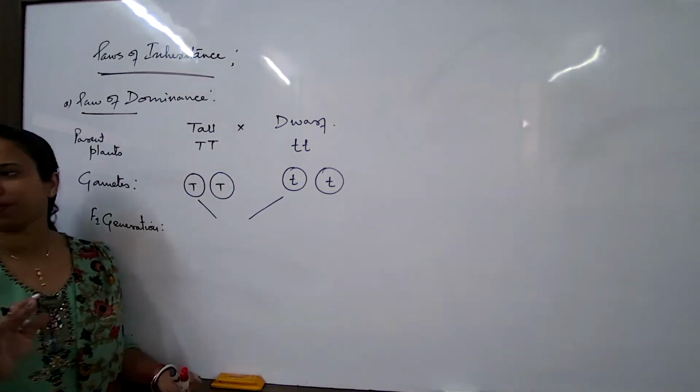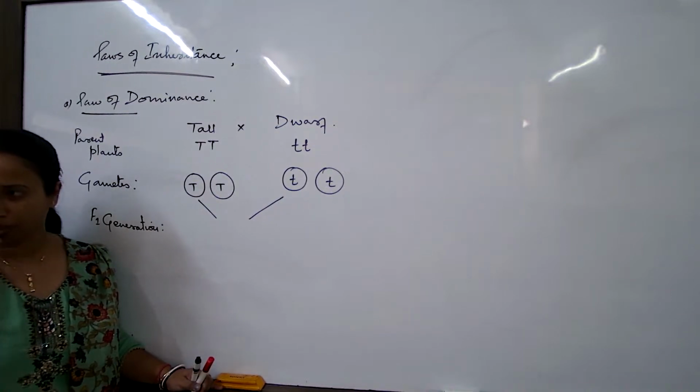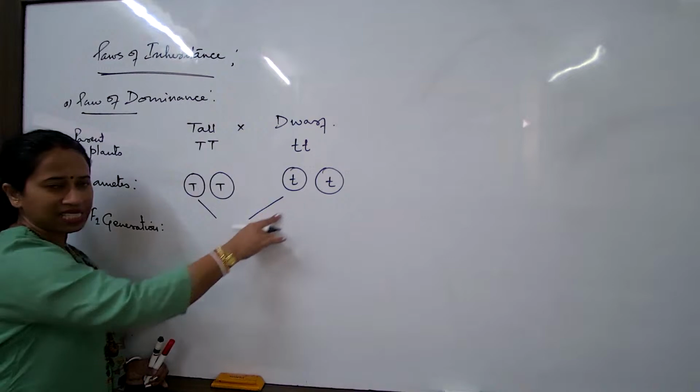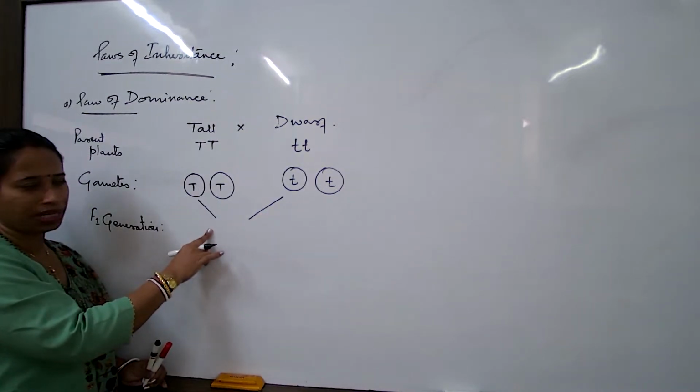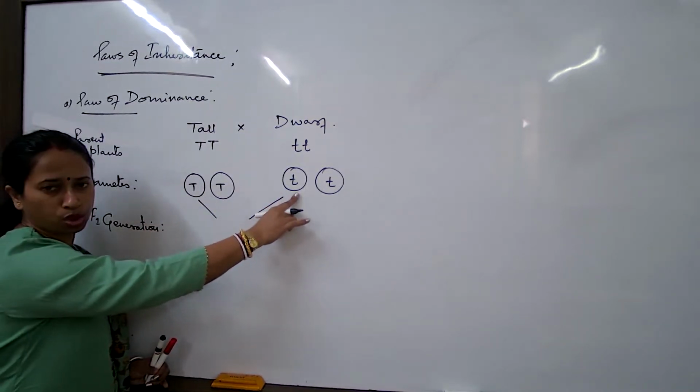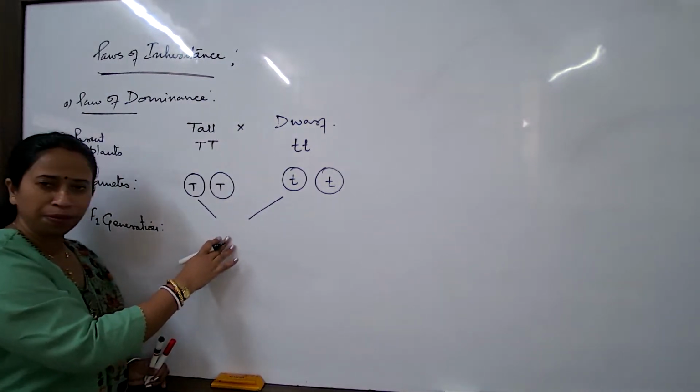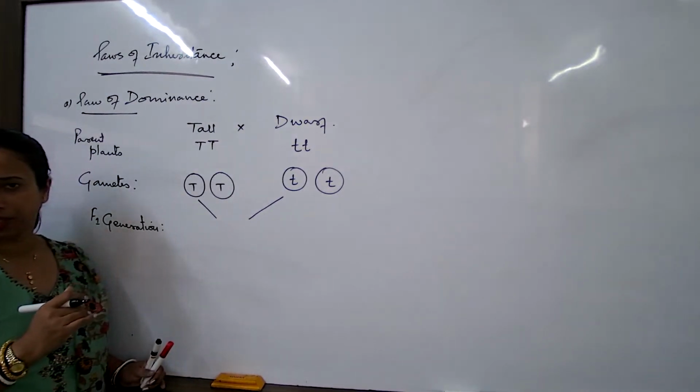Now we are not talking about the seed and the flower, etc. We are only talking in terms of a pair of chromosomes. So this gamete and this gamete, this chromosome containing capital T and this chromosome containing small t now fuse. Then what will be the pair of chromosomes to write?